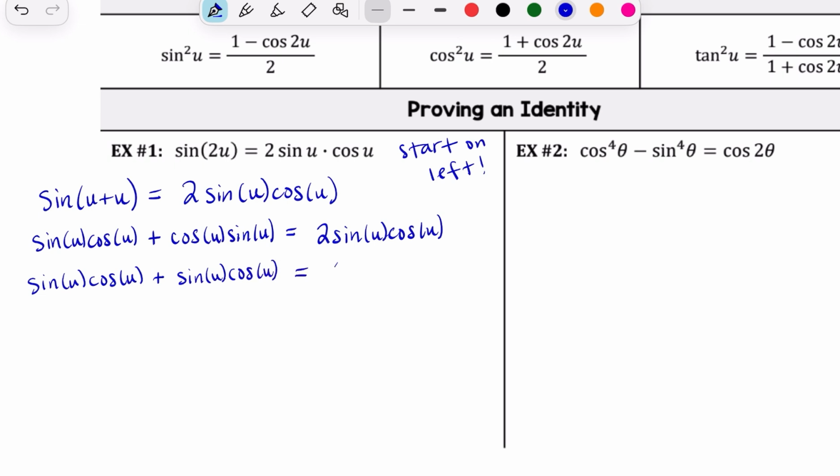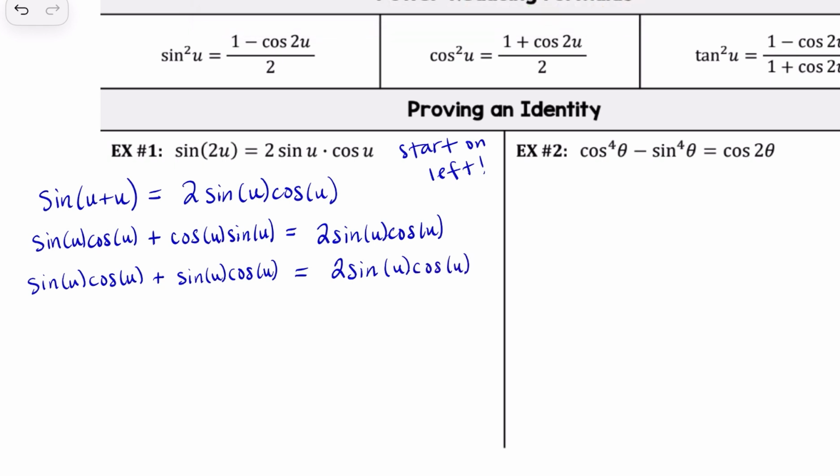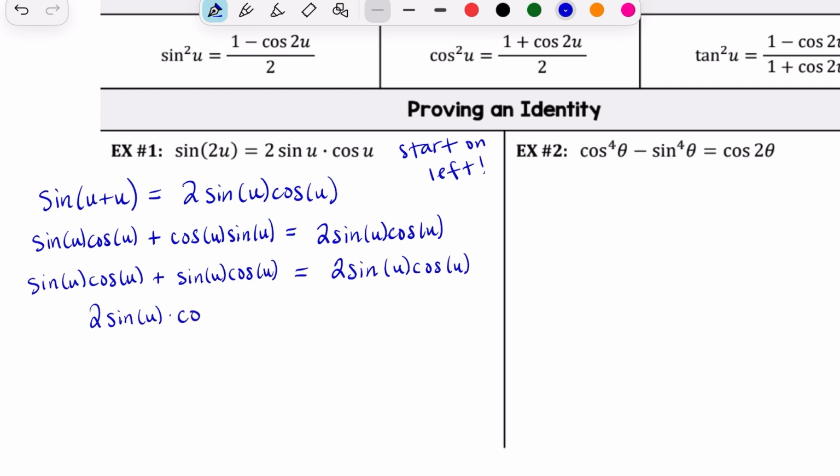And the right side remains unchanged. Now, since these are the same terms, I can combine these like terms to create 2 sine of u times the cosine of u, and that is exactly what is on the right side. So we have proven the double angle formula for sine.